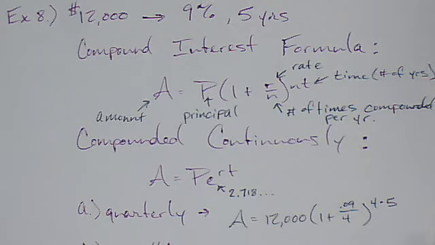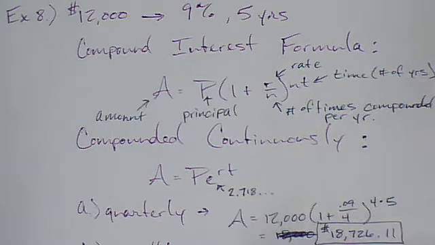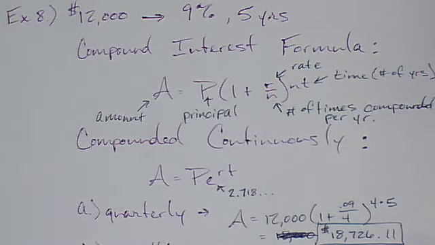Okay, so you could plug that into your calculator and you would end up with $18,726.11. So you made almost $7,000 off of it in 5 years.